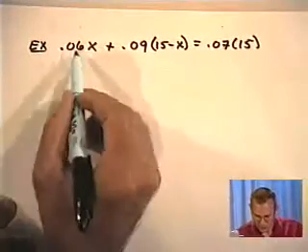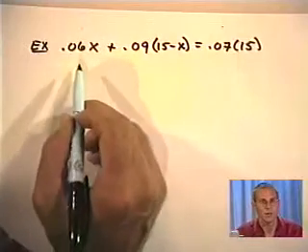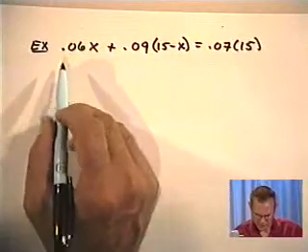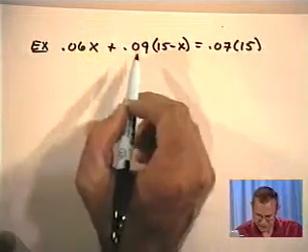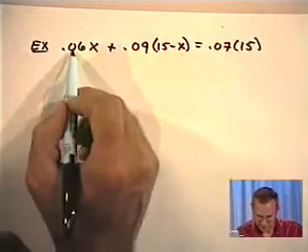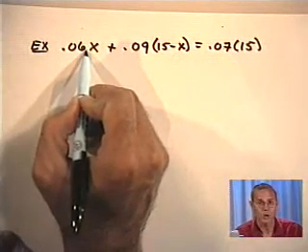Notice I have 3 decimals. Our goal here is to get rid of the decimals. So we have to think, what power of 10 do I multiply each of these decimals by to get rid of them? Or in other words, how can I move this decimal place 2 places over?